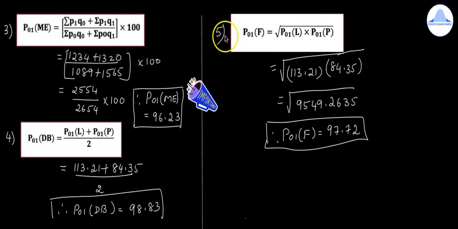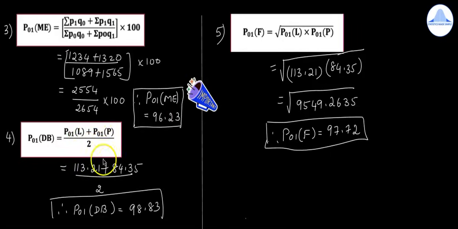Now the last one, the fifth one is Fisher's index number. So P01 of F is equal to root of Laspeyres and Paasche's price index numbers. So P01 of F, that is Fisher's index number, is the geometric mean of Laspeyres and Paasche's index numbers, whereas Dorbish-Bowley index number is the arithmetic mean of Laspeyres and Paasche's index number.